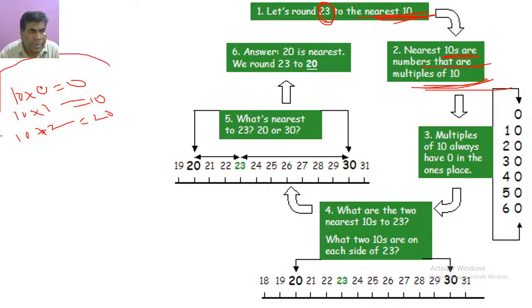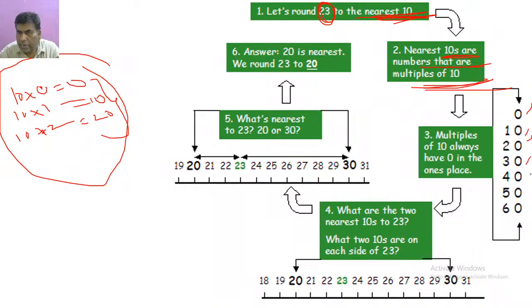Like this, in the 10 table, the numbers you come across, like 0, 10, 20, 30, 40, 50, 60, are all multiples of 10. What is the similarity here? All the multiples have 0 in the ones place.